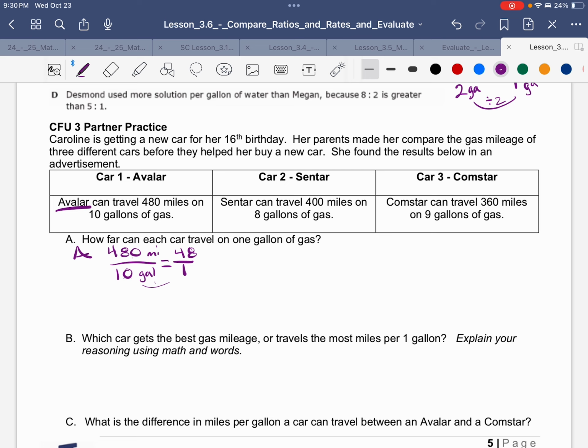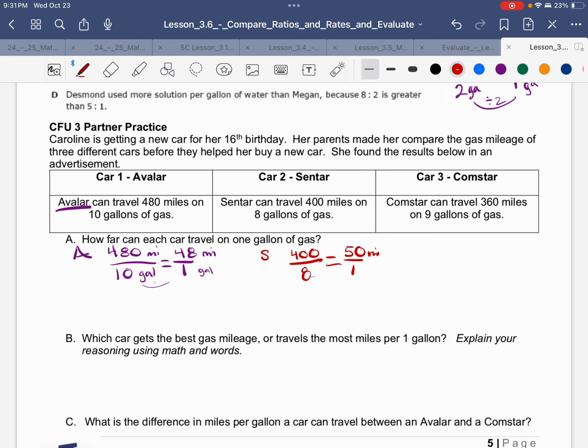That would be 48 miles in 1 gallon. All right. So now the S, or the Centaur, is 400 miles, 8 gallons. So to get that to 1, it's literally 400 divided by 8, which would give us 50. Because 8 times 50 is 400. Sorry.